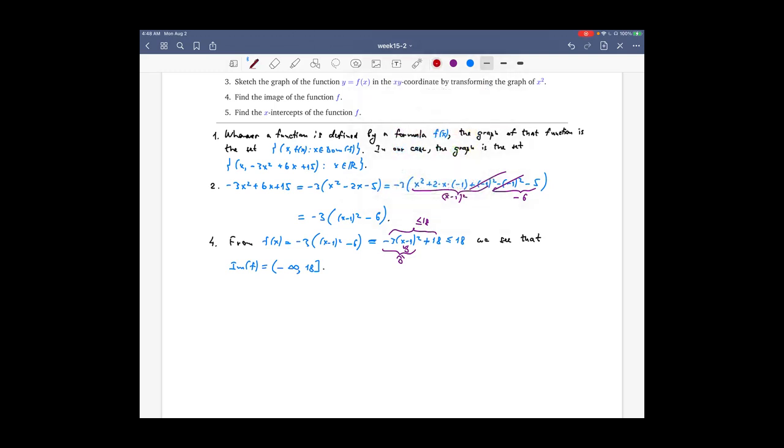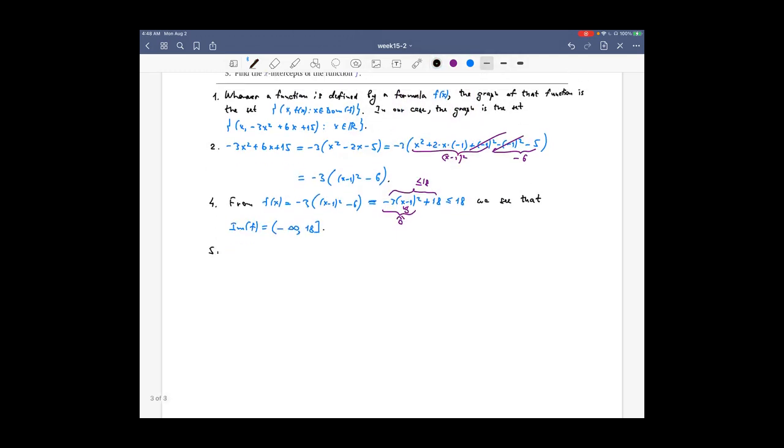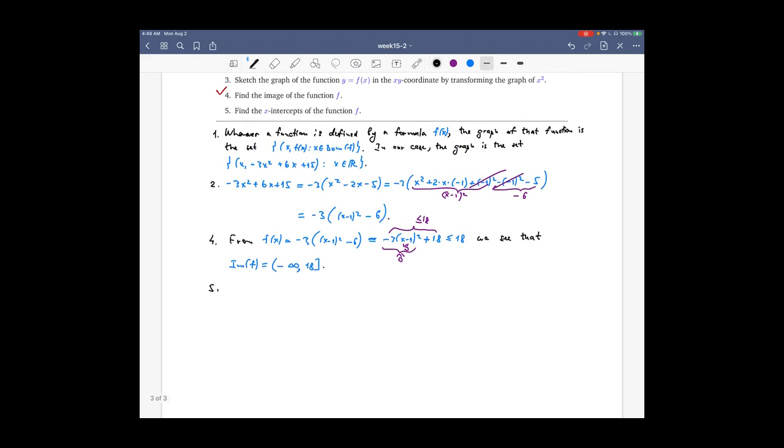Now, to find the x-intercepts, we can continue again from part 2. Our function is negative 3 times x minus 1 squared minus 6.